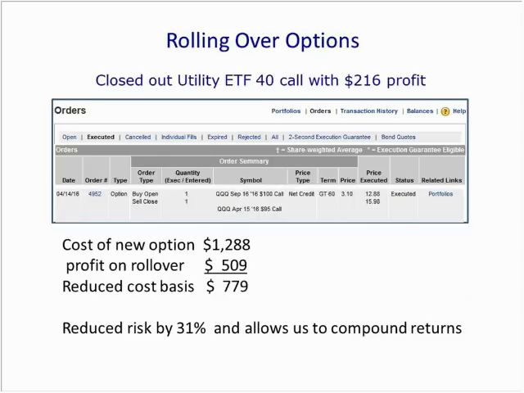Here's another example. This is for the QQQ. We closed out the 95 call with a $509 profit. The cost of the new call was $1288, so that reduced our cost basis from $1288 to $779, so that was a 40% reduction in risk.